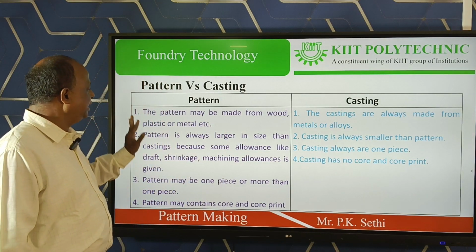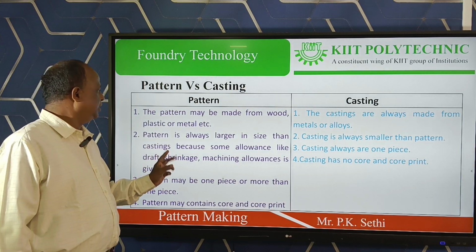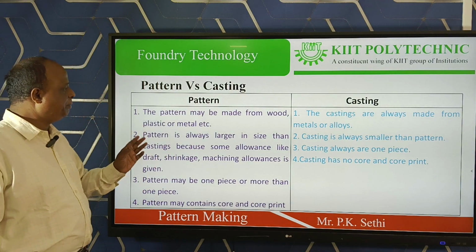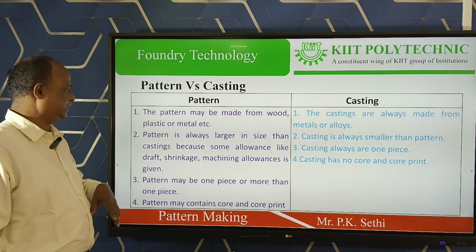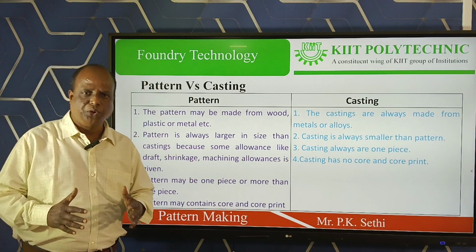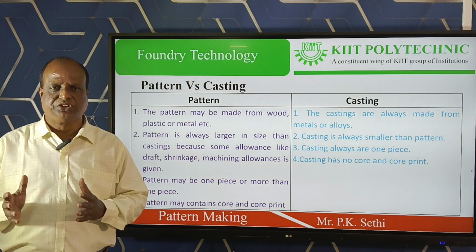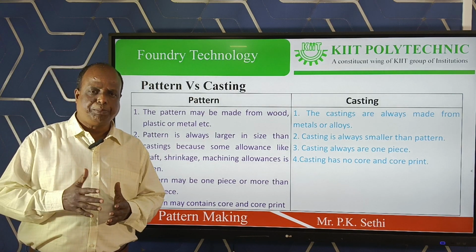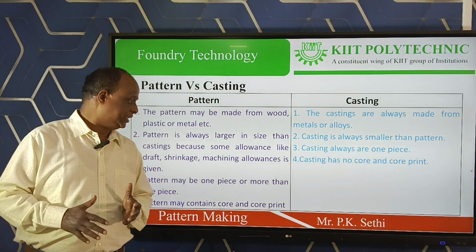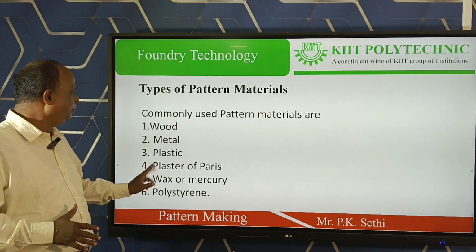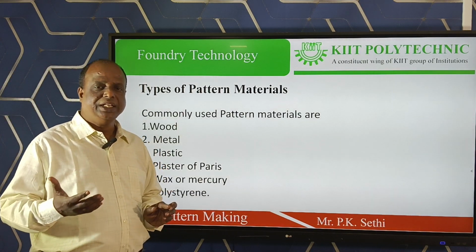A pattern is a replica or model of the final object to be cast. It is made from many materials like wood, plastic, metal, wax, etc. The pattern is always larger than the casting because some allowance is given to the pattern so that we can get accurate dimensions of the casting. Third, a pattern may be one piece, two piece or three piece.